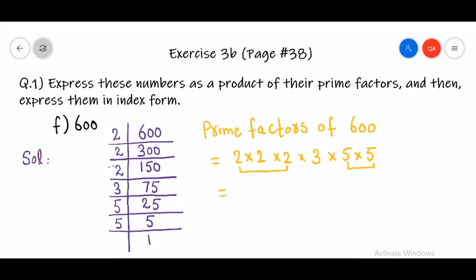So in index notation, 2 is multiplied by itself 3 times, so its index form will be 2 raised to the power 3. 3 one time, so we will write 3 raised to the power 1. And 5 is multiplied 2 times, so we will write 5 raised to the power 2. So this is the required index form of prime factors of 600.